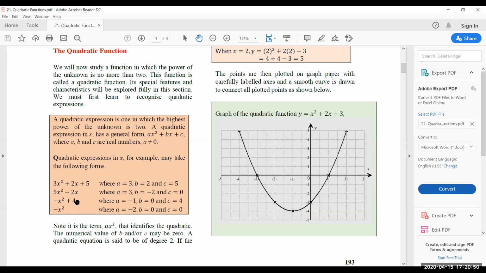Once it stands by itself without a variable, then it's called c. Next, negative x squared, so a is negative 1, b is 0, and c is also 0. Are you all seeing that? Okay, great.